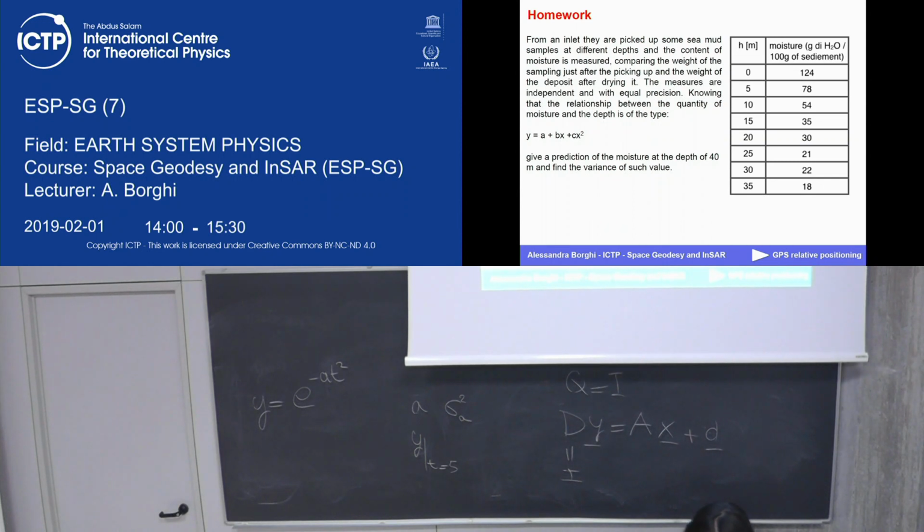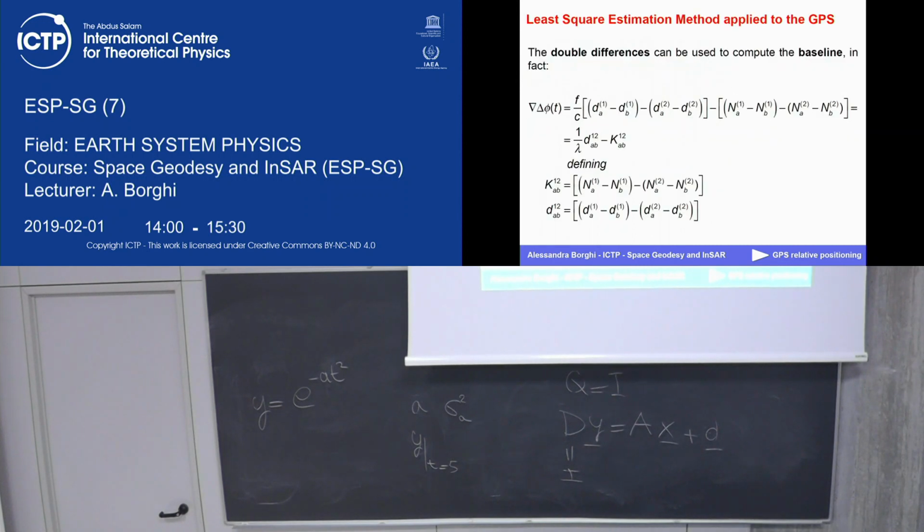I think that from ICTP you can install the server version of MATLAB, or you can download Octave. Octave is a free version of MATLAB. There are some little differences, but for this very basic computation you can use the same commands.